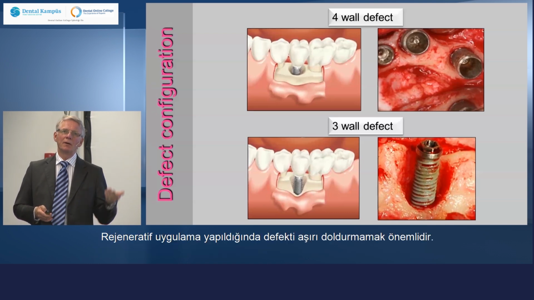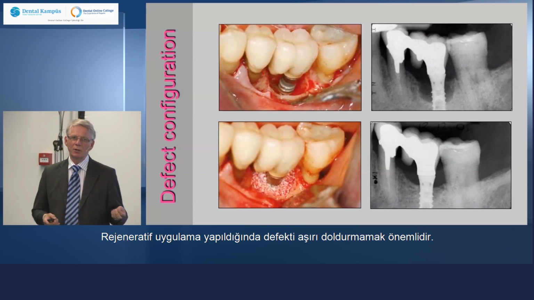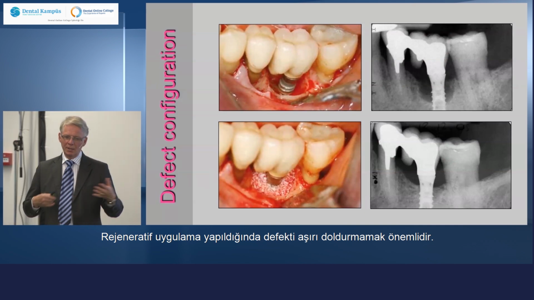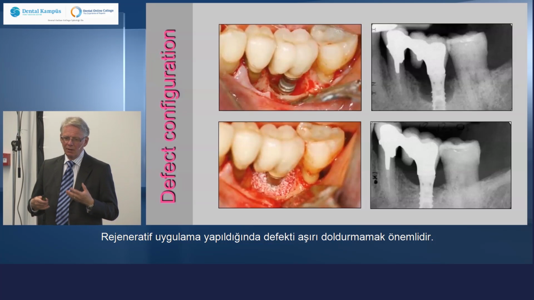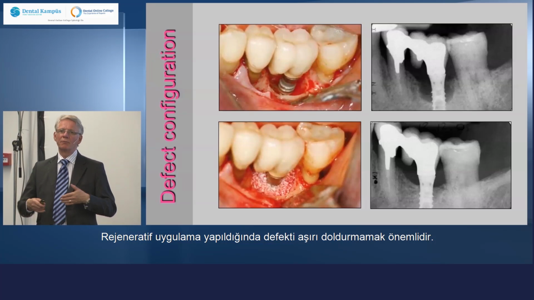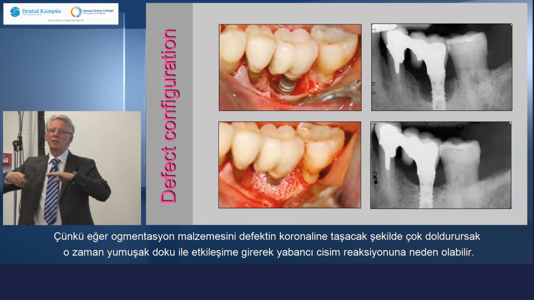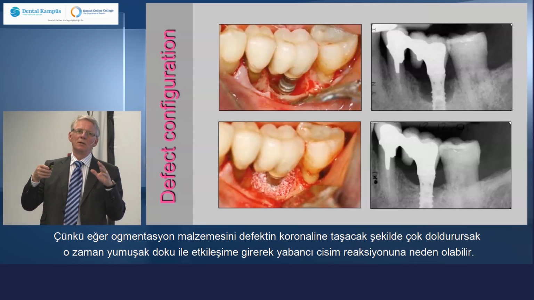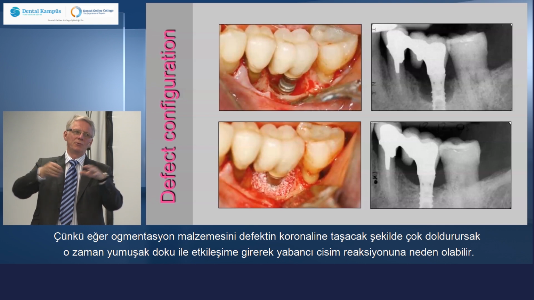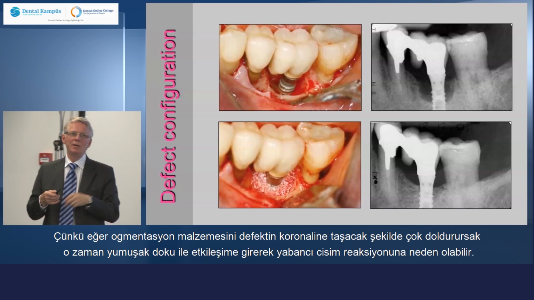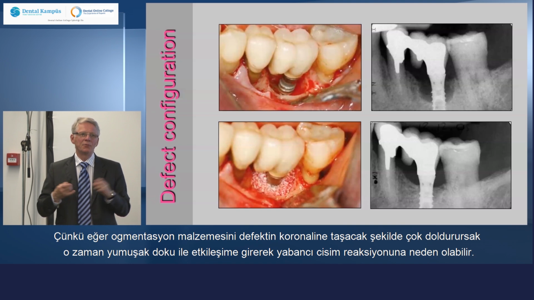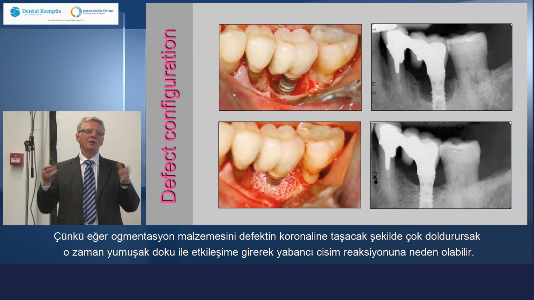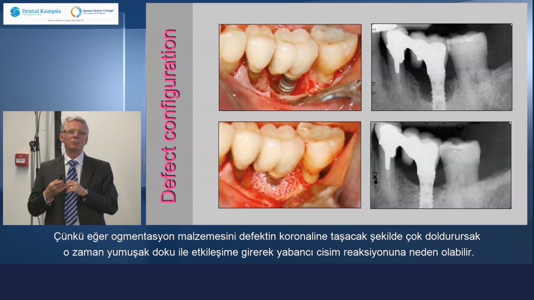And when we do the regenerative approach, it is important, as we discussed before, not to overfill the defect, because if we get a lot of bone augmentation material coronal to the defect, it may be incorporated in the soft tissue and may just act as a foreign body.